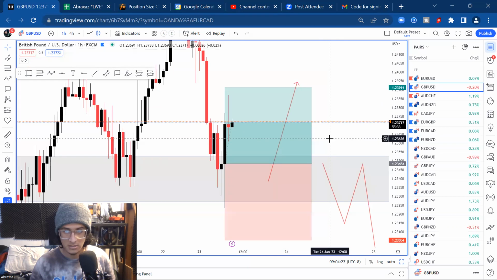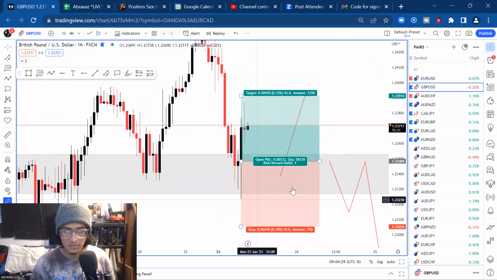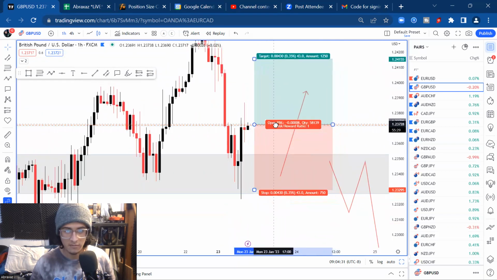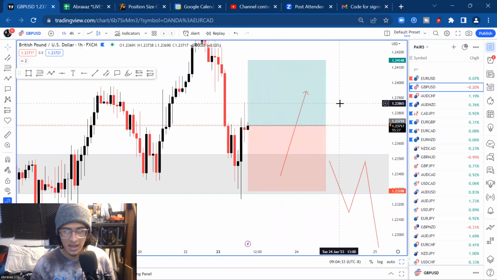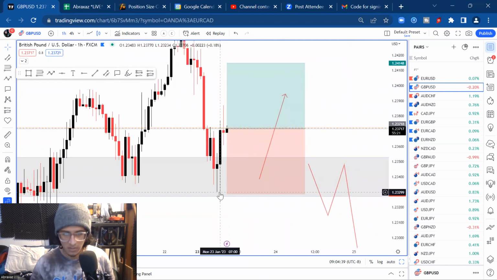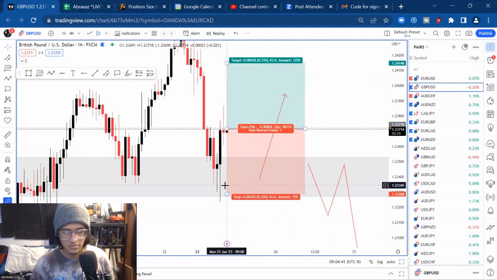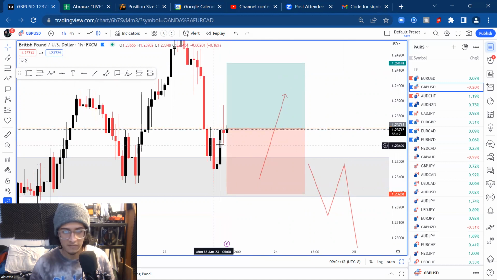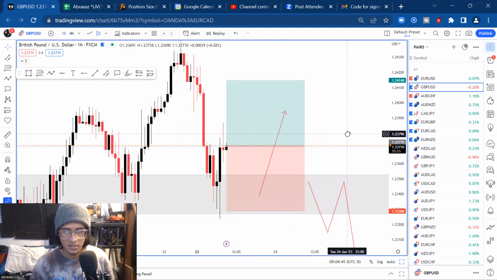I need to get into trades when they're deep into the zones and not a little bit after, because right here anything could happen. It can consolidate, it can come back down, or it could keep going up. But if I'm looking for a bullish position, this would be prime right here. Perfect entry right there.